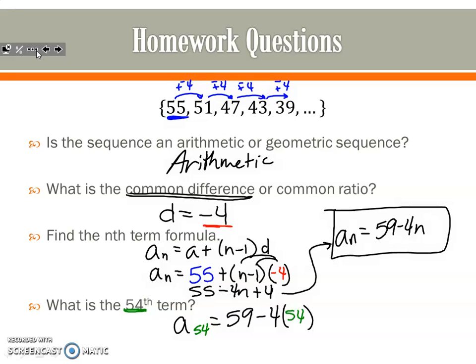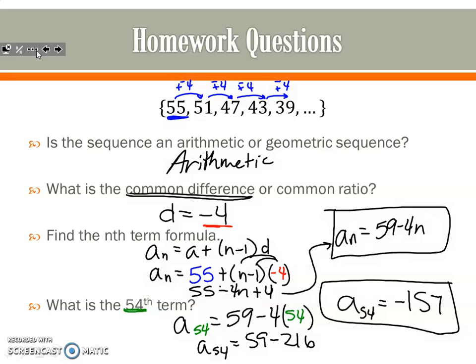Yep, 54th term. So 4 times 54 would be 216. a sub 54 equals 59 minus 216, which gives me a sub 54. The 54th term is negative 157. There we go.